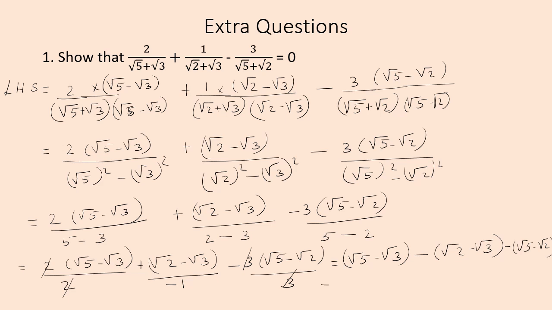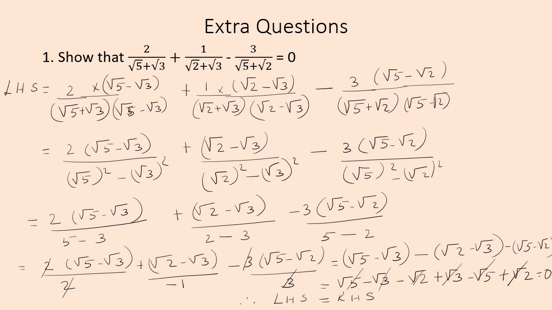That is equal to root 5 minus root 3 minus of root 2, that is minus root 2, minus of minus plus root 3, minus root 5 minus of minus plus root 2. Plus root 5 minus root 5, so it is getting cancelled. Minus root 3 plus root 3 cancelled. Minus root 2 plus root 2. That is equal to 0. Therefore, LHS equal to RHS.